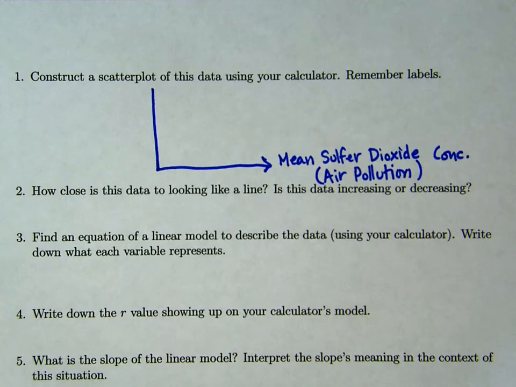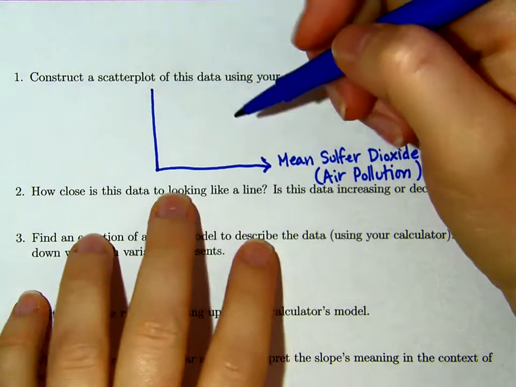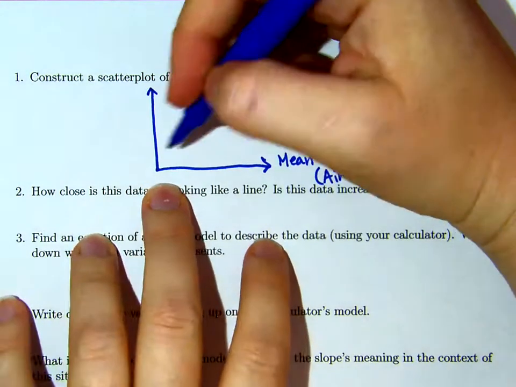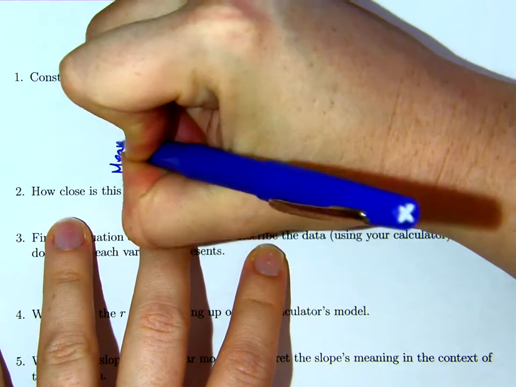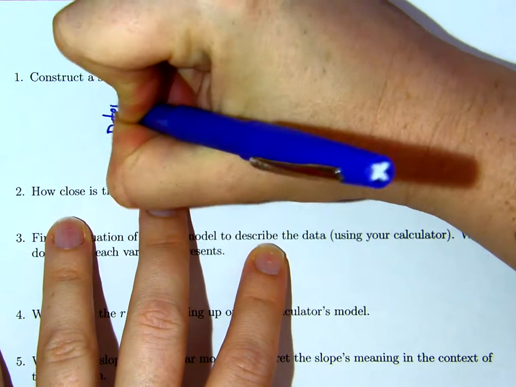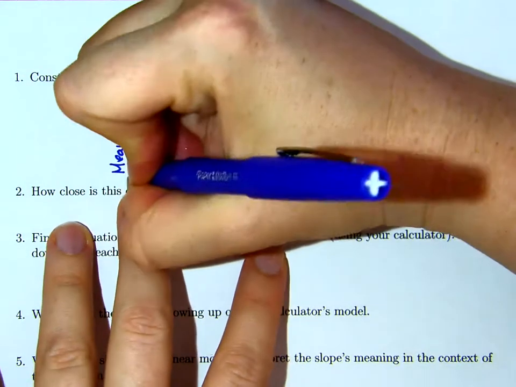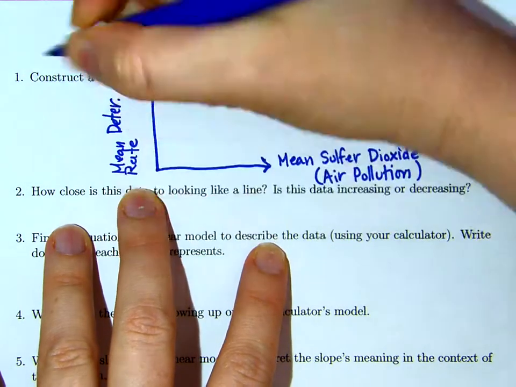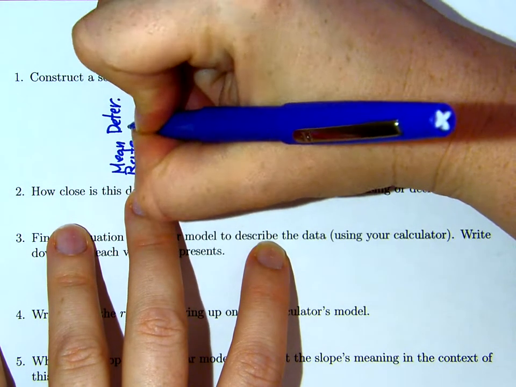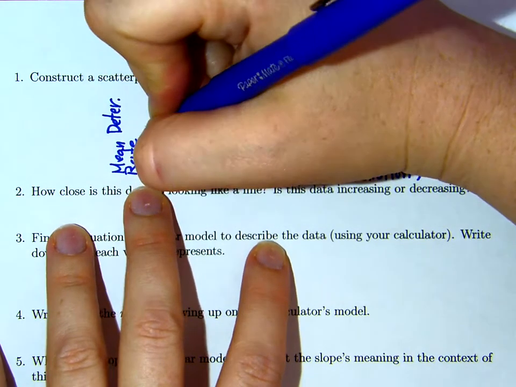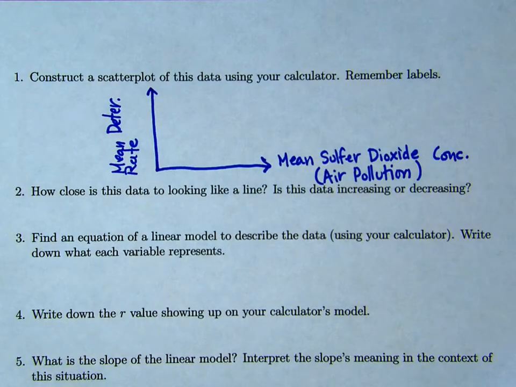Now, that being said, it's measured in micrograms per cubic meter. And the response variable we are guessing to be the average deterioration. So mean deterioration rate in a century. I'm just going to put mean deterioration rate. And that was millimeters over the century.